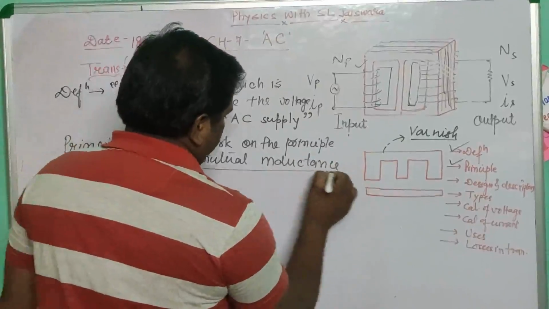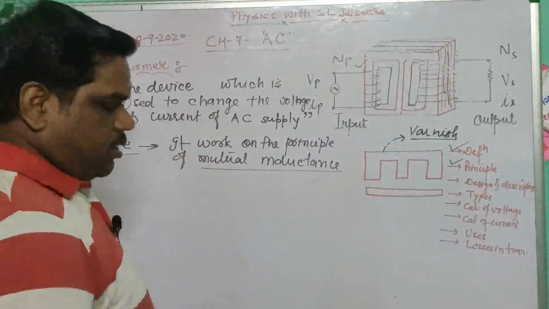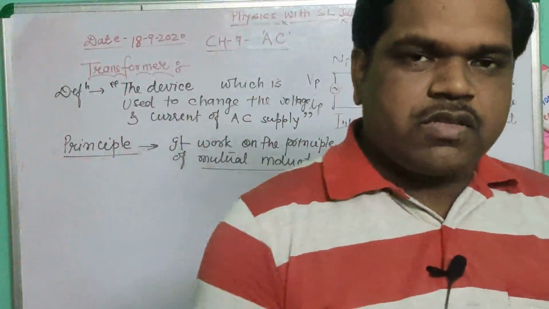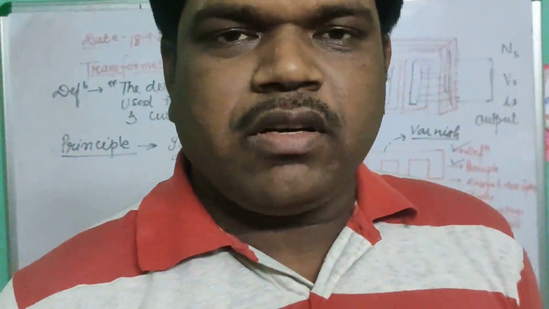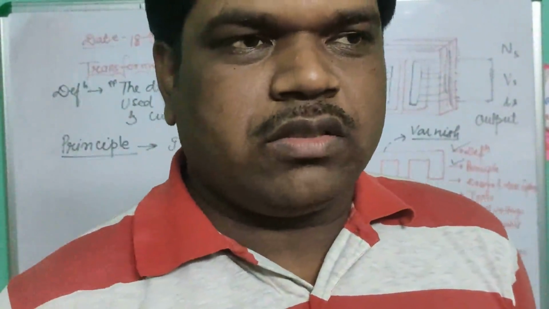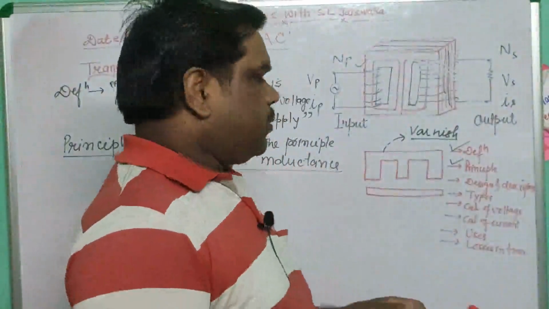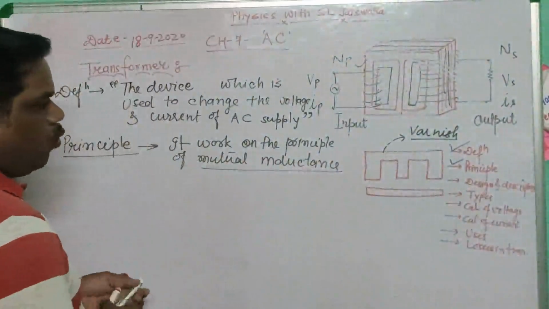So please remember this. This question may come for 1 mark. So tell me, on which principle does the transformer work? The answer will be: mutual inductance is the principle on which a transformer works.